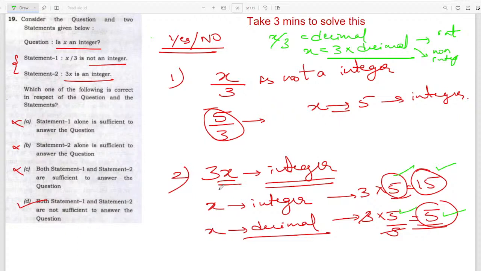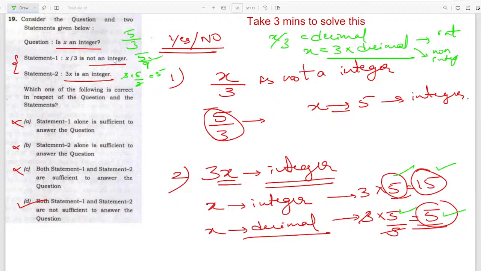Yes, x can be a decimal. For example, if x is equal to 5 by 3, 5 by 3 is a decimal number. So 5 by 3 here will be a non-integer. 5 by 3 satisfies both the statements. That is, 5 by 3 becomes 5 by 9, that's not an integer, and 3 into 5 by 3 gives you 5.